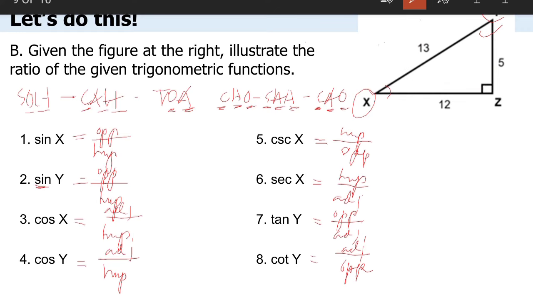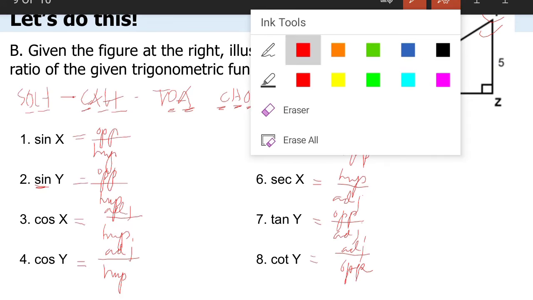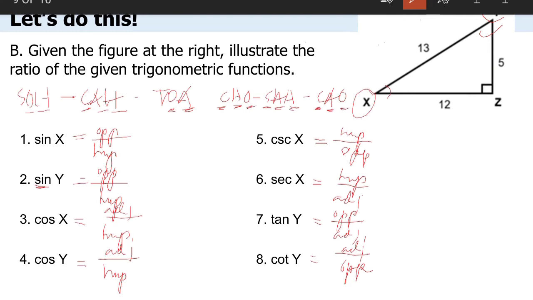But we will find the value of the trigonometric ratio. If the angle here is x, you will use this angle x as your reference angle.